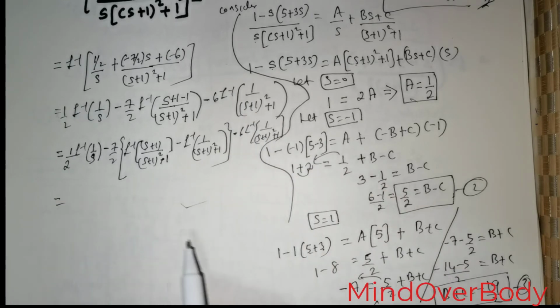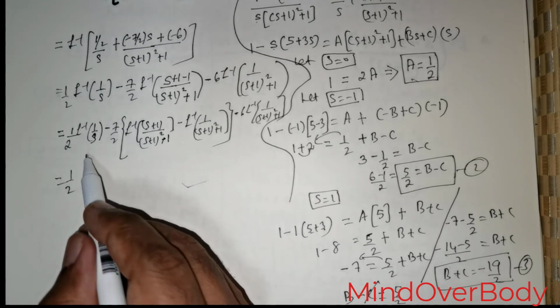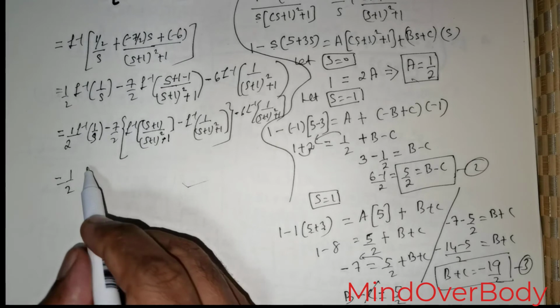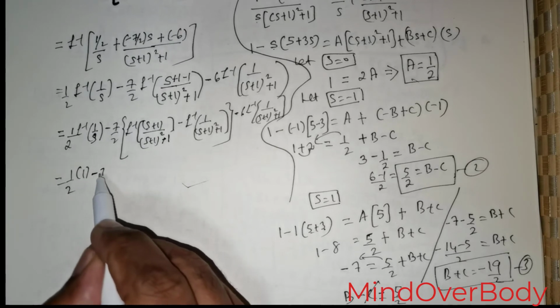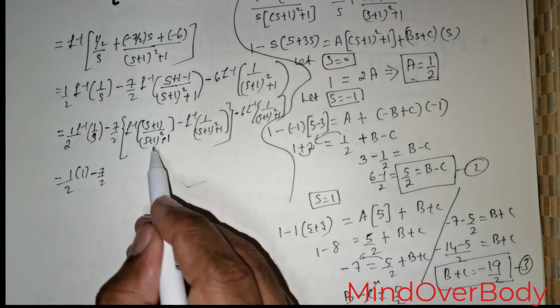Now I'm applying Laplace inverse. So this is going to be 1 over 2 times L inverse of 1 over s, that is going to be 1, followed by -7 over 2. The shift is s + 1 as I mentioned to you.